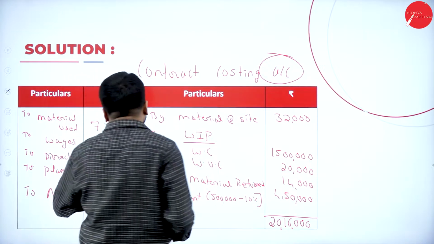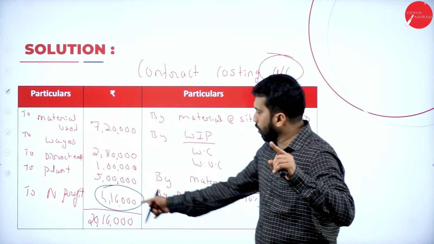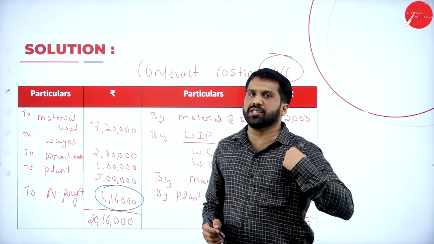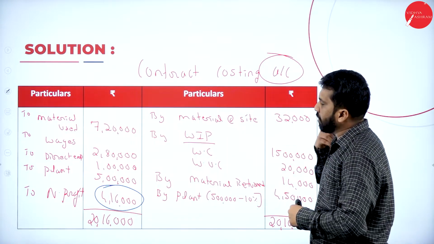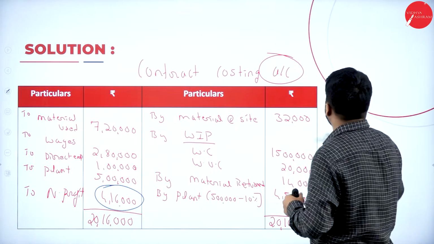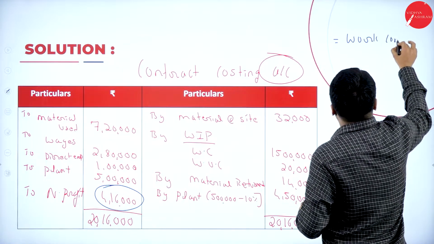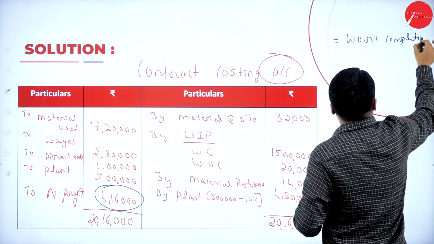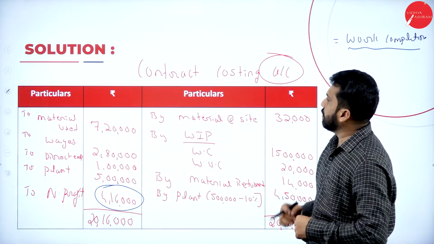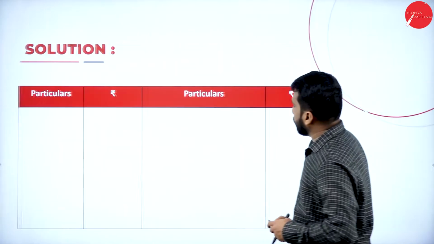Now, once you are done up to this, what is the next procedure? Remember, you got profit? Yes. If you got profit, the next procedure is you have to find out what is your profit. 4,16,000? Yes. Work completion. Now, as per this, how much is your contract price? 40 lakh. What is the work certified?